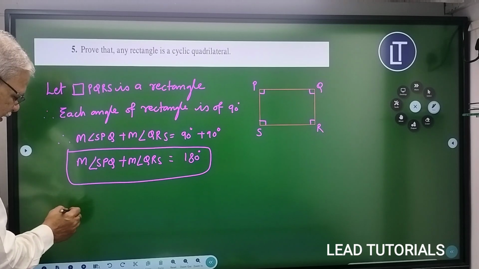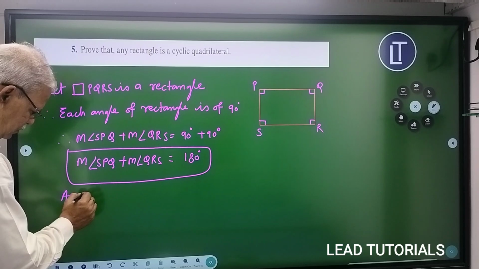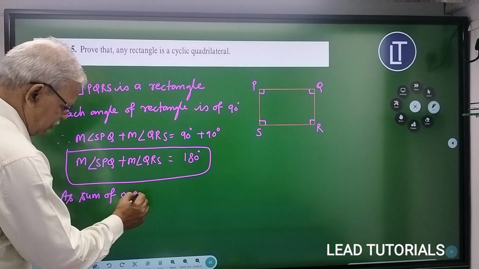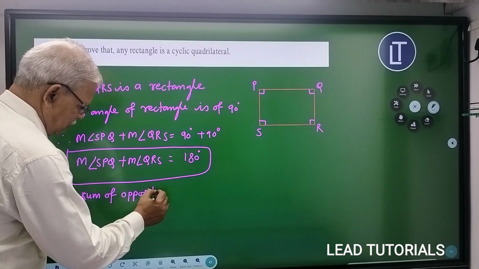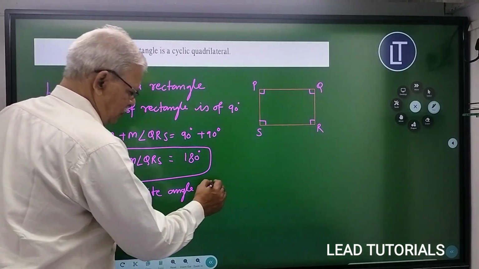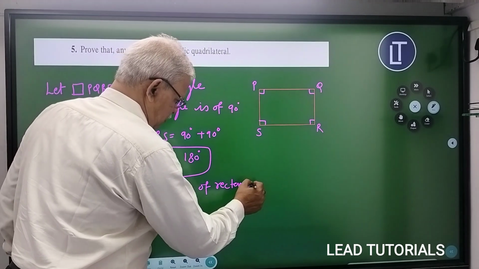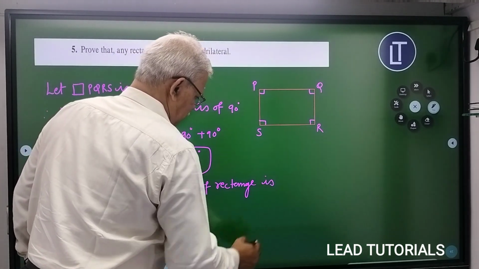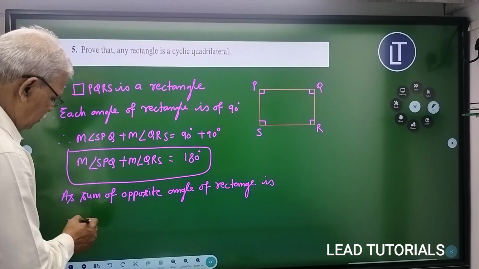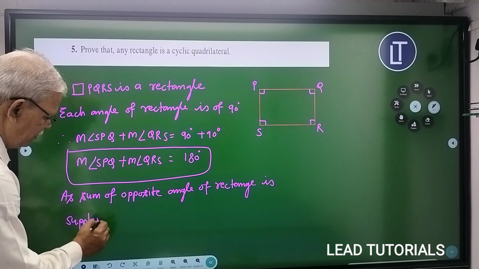We will write here: sum of opposite angles of a rectangle is supplementary.